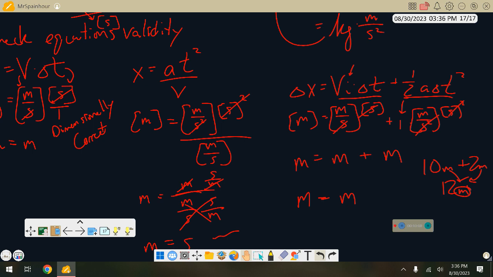Now, on the other hand, let's say I had started slightly different at the very beginning, so this would be a different problem, but let's assume this squared was not up here. It was just to the first, which would mean this would not fully cancel. This would be just seconds, which means this would end up down here. So one of those would cancel, and right now we would be at meters equals meters plus meters per second. At this point in time, there would be absolutely no reason to continue simplifying.